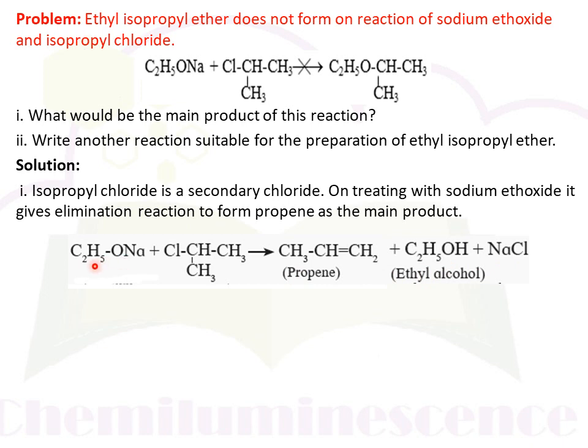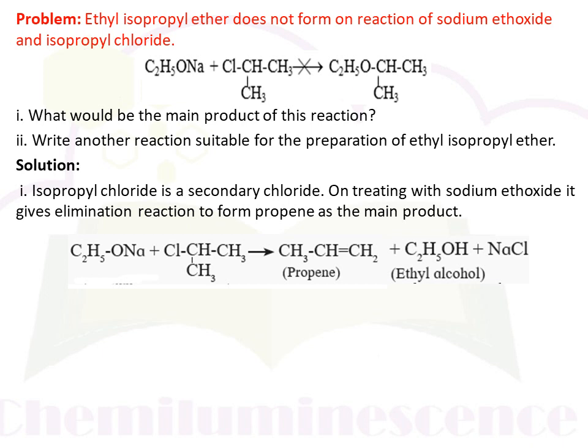Why does it not act as a nucleophile? Williamson synthesis undergoes SN2 mechanism, and in SN2 mechanism backside attack takes place. Here, due to the crowding of these two methyl groups, the backside attack of this nucleophile is resisted, and hence it undergoes elimination reaction instead of substitution reaction.